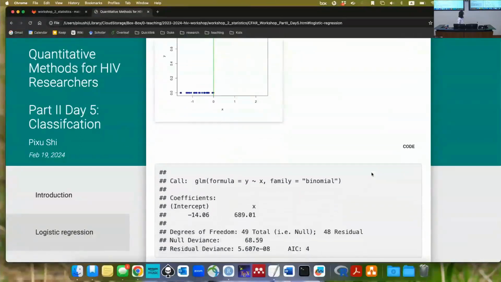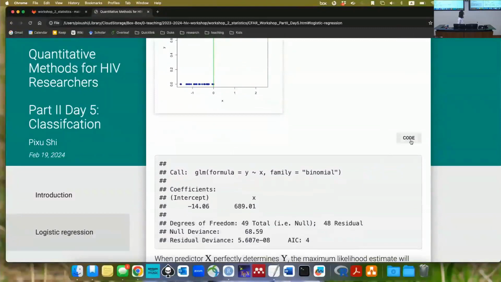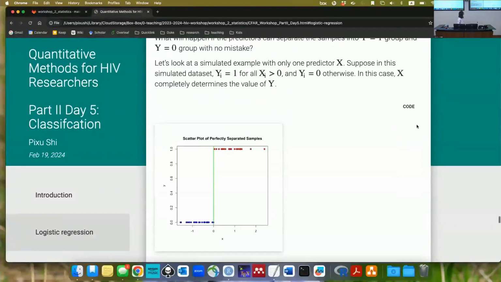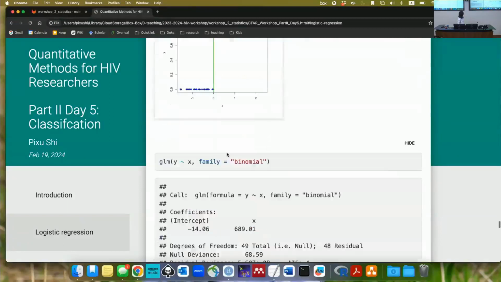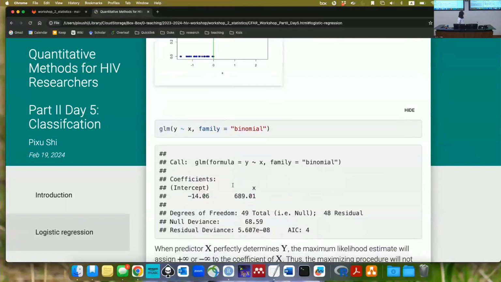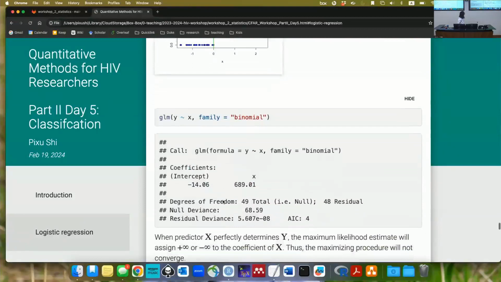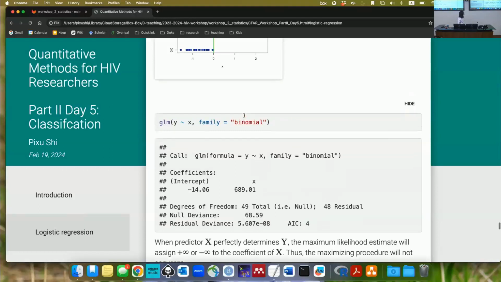And if you do a logistic regression for this thing, this is how I simulate the toy example. And if you look at the regression output, it's actually going to give you a warning, but I think I muted the warning when I made this whole file. But you are going to see a warning.